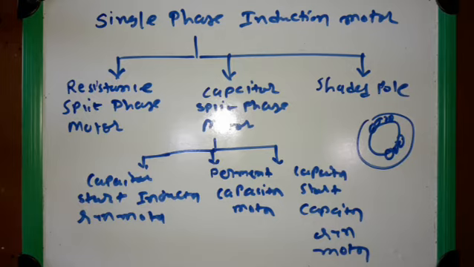In some cases, instead of a centrifugal switch, we use a relay to cut or join the starting winding. The motor starting torque is about 1 to 1.5 times the full load torque.